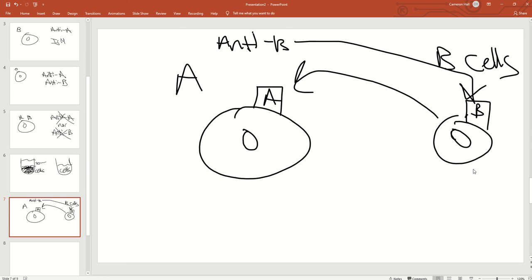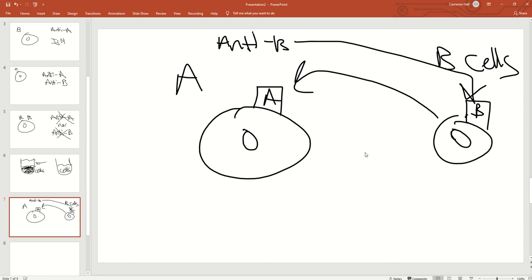It's also going to cause them to be destroyed by the liver and spleen and all that as well, which is going to be called extravascular hemolysis. You'll learn more about that later, especially in chemistry. But anyway, the point is, it's going to cause a bad transfusion reaction that you don't want.